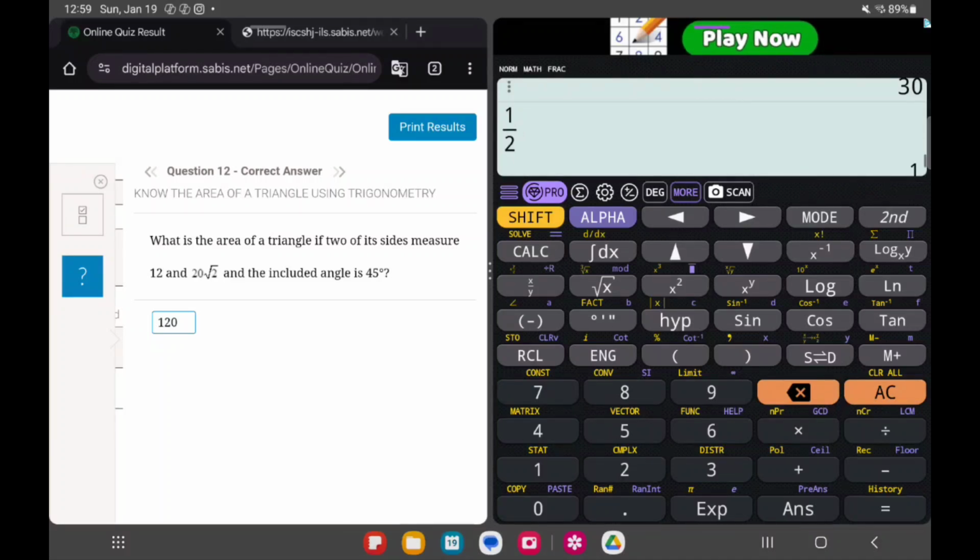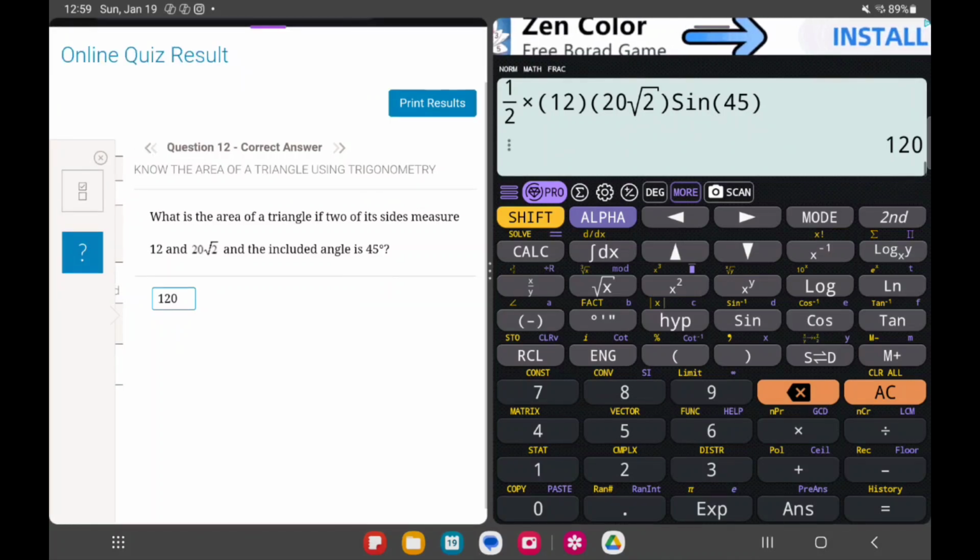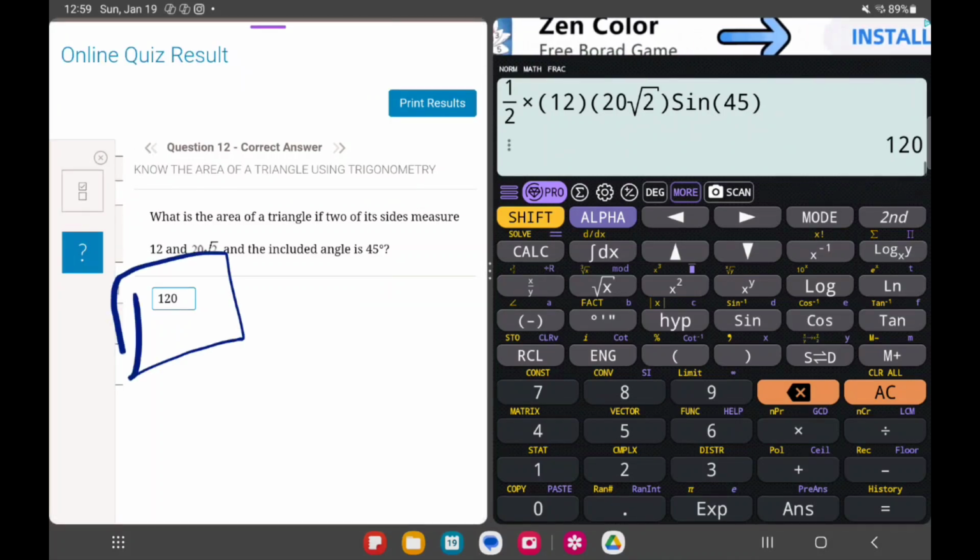Half, 12 and 20 radical 2, and then space because you don't want it to be inside, and then sine 45, you get 120, and that's your answer here. That's it.